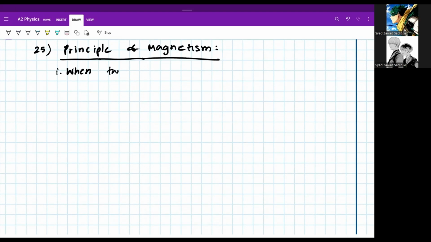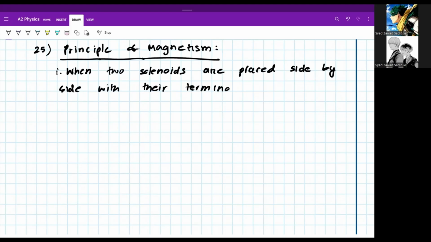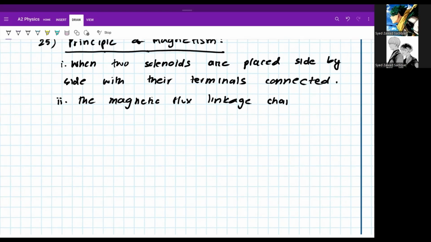When two solenoids are placed side by side with their terminals connected, that's bullet point 1. The magnetic flux linkage changes and an EMF is induced.